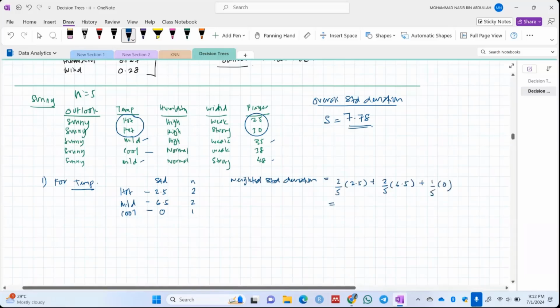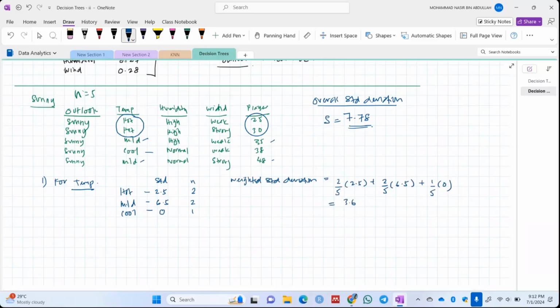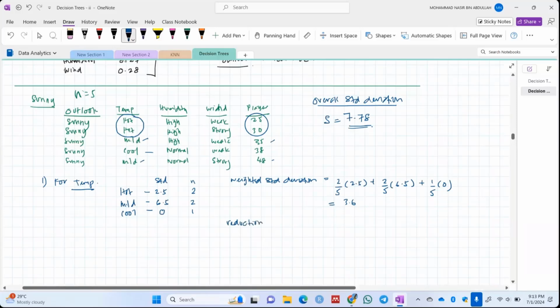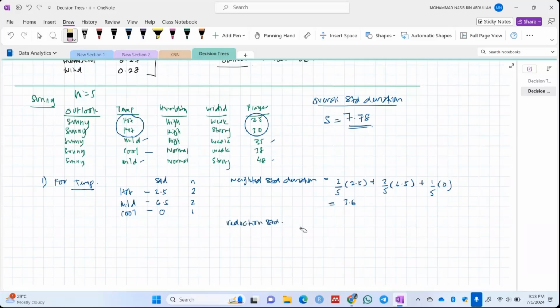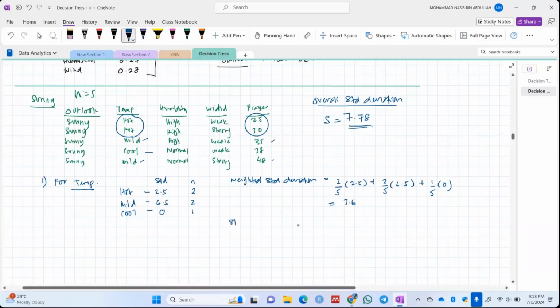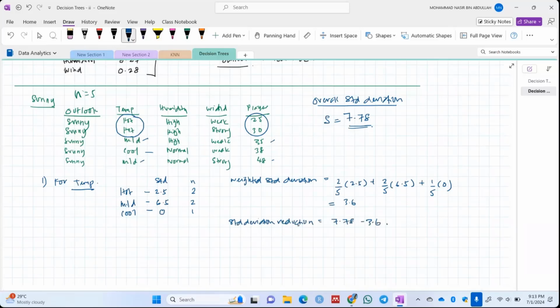This is equal to 3.6. Next, the standard deviation reduction: 7.78 minus 3.6, and you repeat the same step.